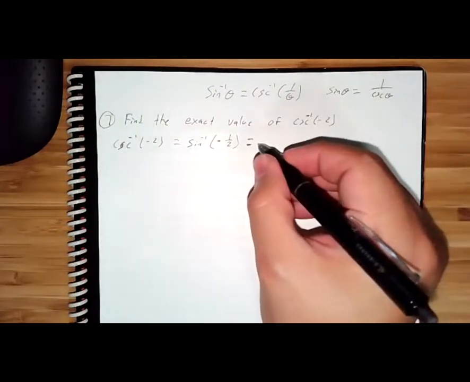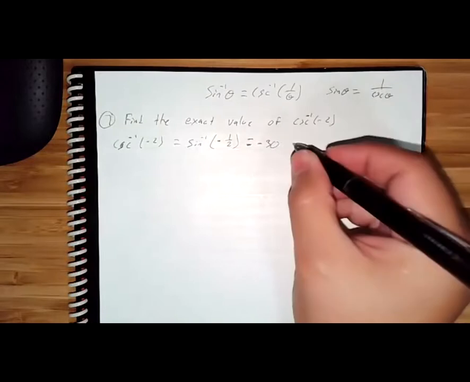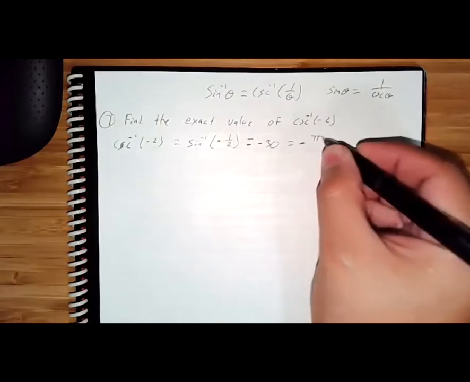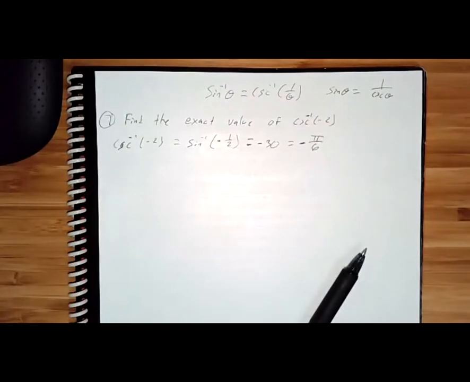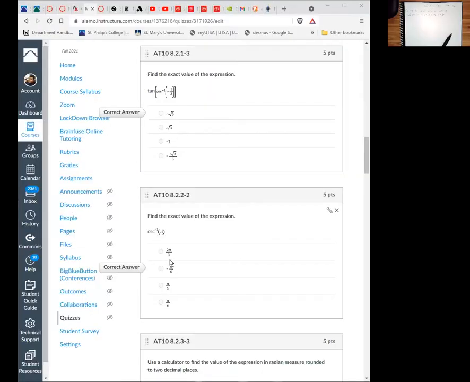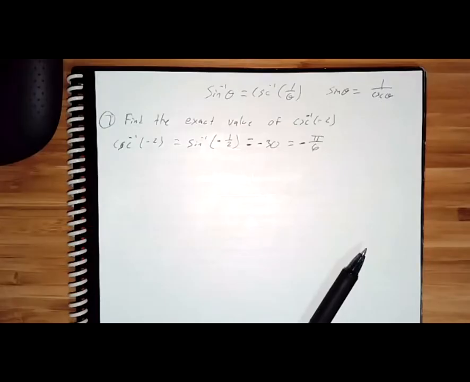So it's going to give us a negative angle, which is negative pi over 6 in radians. That's why their answer is negative, because of the range of sine inverse. Does that make sense? Not really.